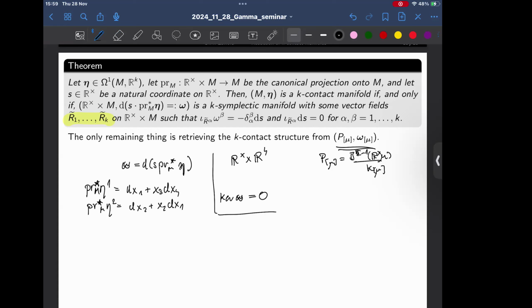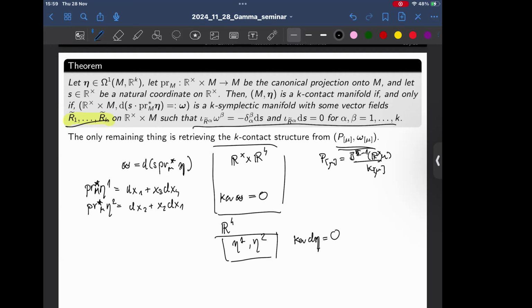And this is of course k-symplectic, but on M, which is R^4 with eta 1, eta 2, it is not k-contact, since the kernel of d eta is not equal to 0. Okay, so we really need this condition that there exist k vector fields R1 tilde to Rk tilde satisfying these conditions. Okay.